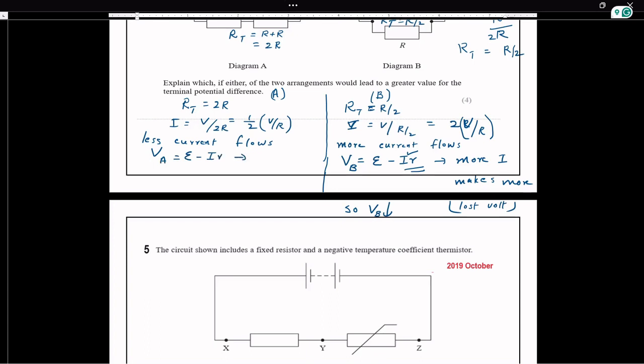So less I makes lost volt lesser. Lost volt less. So what is happening to the terminal PD? VA increases.